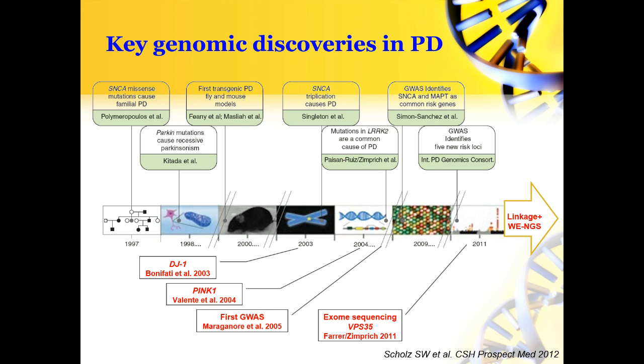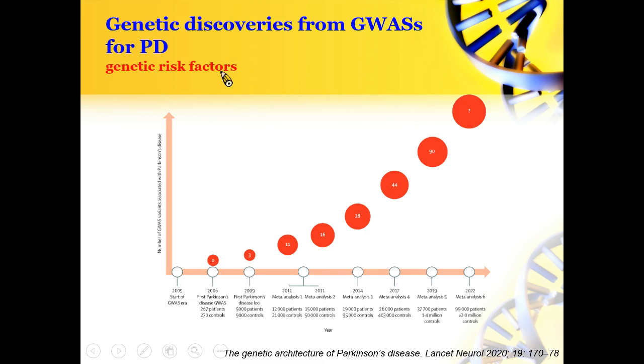Since PD is a complex disorder, monogenic causes account for a small number of cases. The international GWAS was launched in 2005, and several risk gene loci have been identified recently. Those gene loci identified from GWAS contribute genetic risk factors for PD.